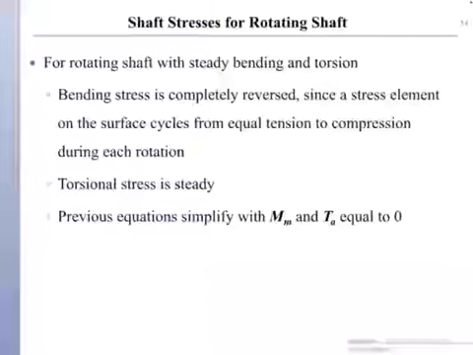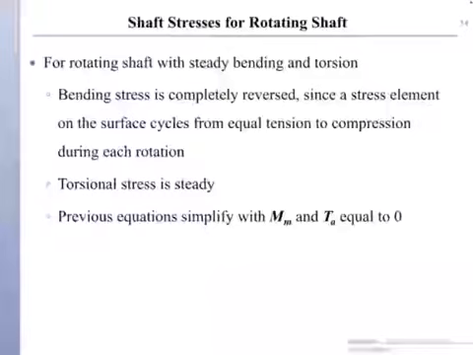Okay, so now here what we can cancel or what we can reduce from the formula. Usually in shaft we have steady bending and torsion. So usually in shafts, bending moment alternates, but torque is constant. So there is no alternating in torque.